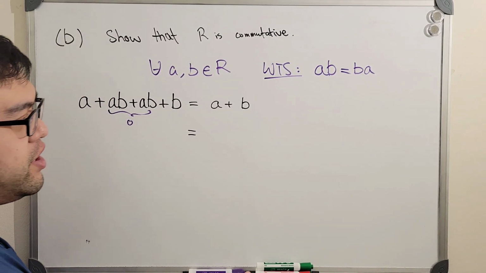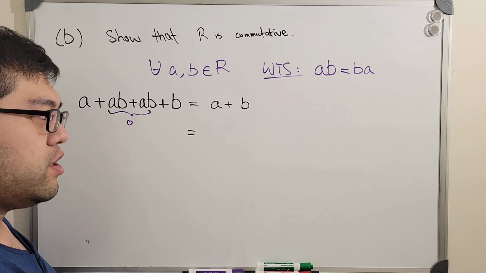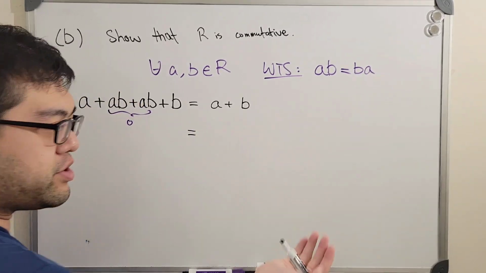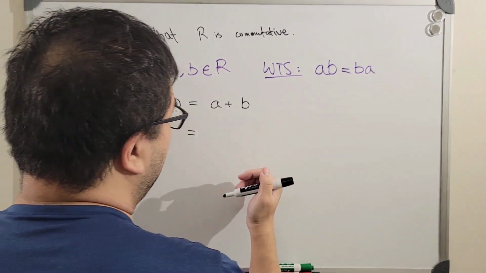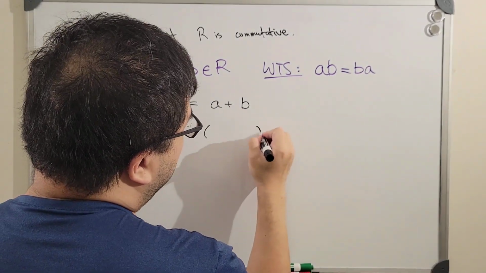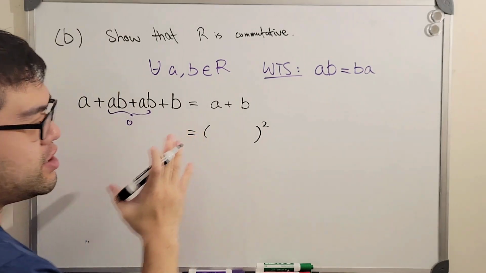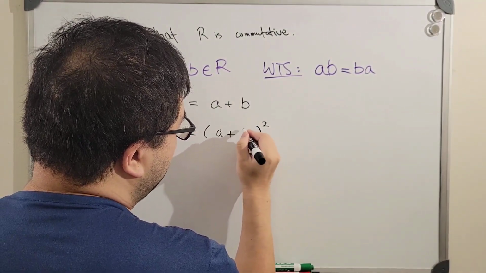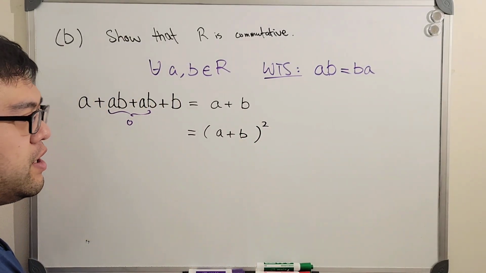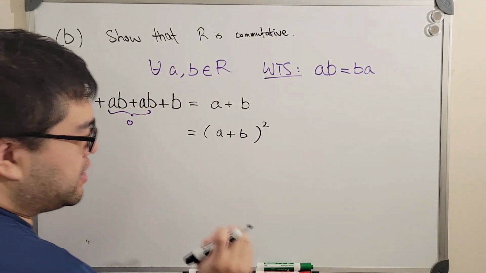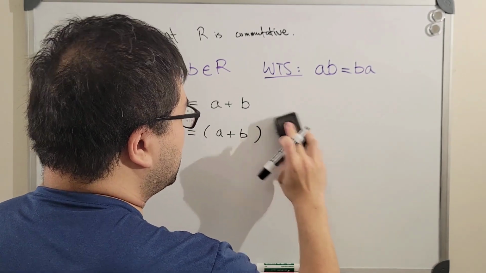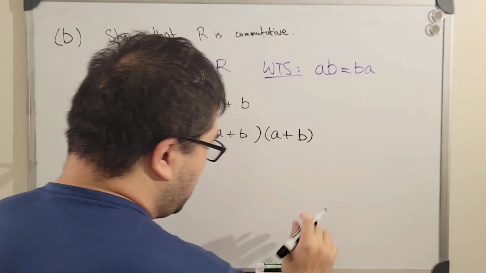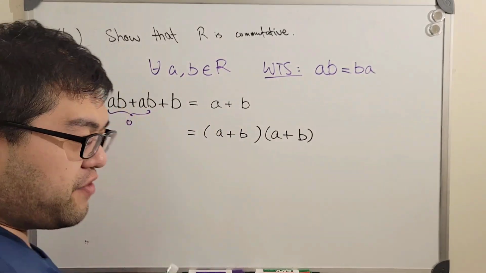Because A and B are both elements in the ring, the sum of these two, meaning A plus B, is of course also an element in this ring R. And therefore, using the condition that for all elements in this ring the square is equal to the element itself, we can square this particular element, A plus B. In other words, we can rewrite this as A plus B times A plus B. Now, we just need to FOIL it out.